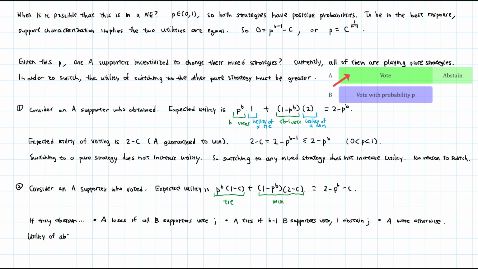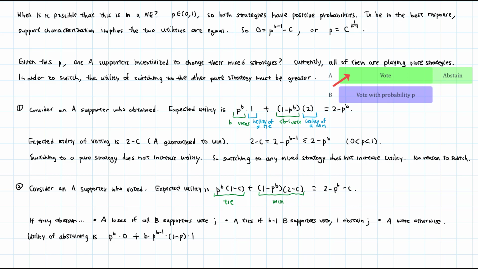The utility for abstaining is P to the B times 0 in the first case of a loss for A, plus B times P to the B minus 1 times 1 minus P times 1. This is for the case when there is a tie.